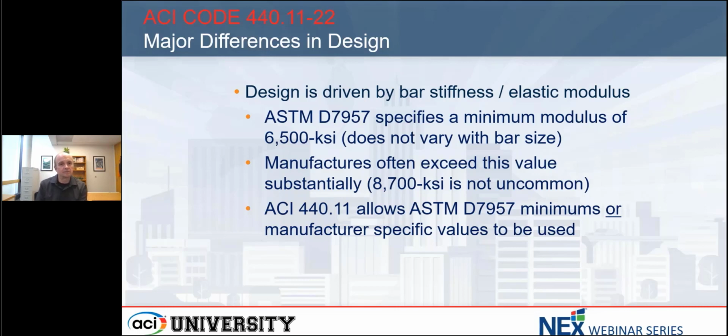The reason for that is that the manufacturer's modulus may be higher than the ASTM minimum. The ASTM minimum is 6,500 KSI. An FRP bar manufacturer may have a bar that's 8,700 KSI in terms of modulus. So it might be beneficial to use those actual manufacturer's properties to optimize how much reinforcement is needed. Again, something that the code allows, but is a key consideration.